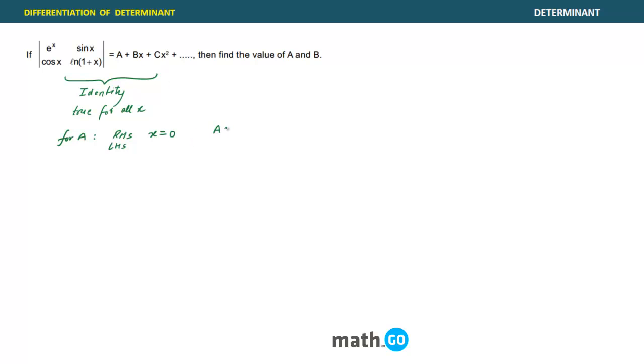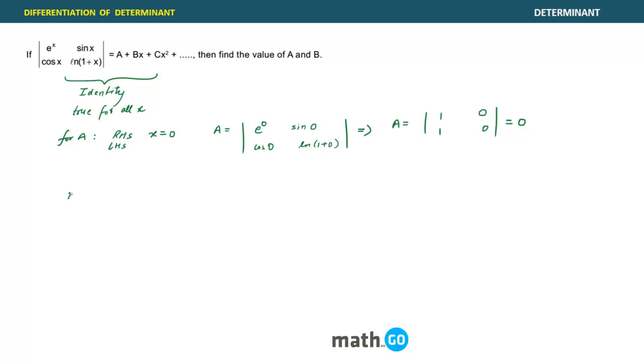So a is nothing but the determinant when the value of x is 0, that is e raised to power 0, sin 0, cos 0, and ln of 1 plus 0. That's it. This is how you calculate a straight away. This value will be 1, this is 0, this is 1, and this is again 0, which is nothing but 0. So the value of a is 0.